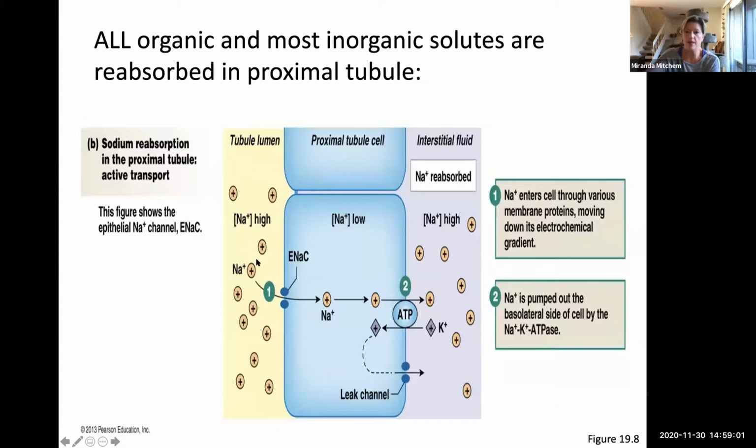And the sodium is able to move using a variety of different membrane proteins that follow the gradient. So we've got the movement of sodium in, and sodium goes out the sodium pump. In exchange, with the help of energy, we're pumping our potassium back in against its gradient too. So this is the old friend, our sodium potassium pump. And this is active on that basolateral side, on the side of the interstitial fluid.